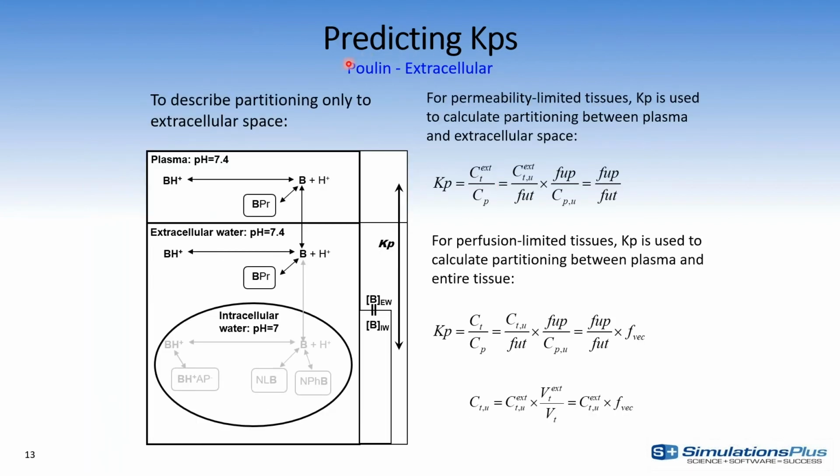Next, we have the Poulin extracellular method. In this method, we describe the partitioning only to the extracellular space. For a permeability-limited tissue, Kp is used to calculate the partitioning between the plasma and extracellular space. For perfusion-limited tissue, it is used to calculate the partitioning between the plasma and the entire tissue.